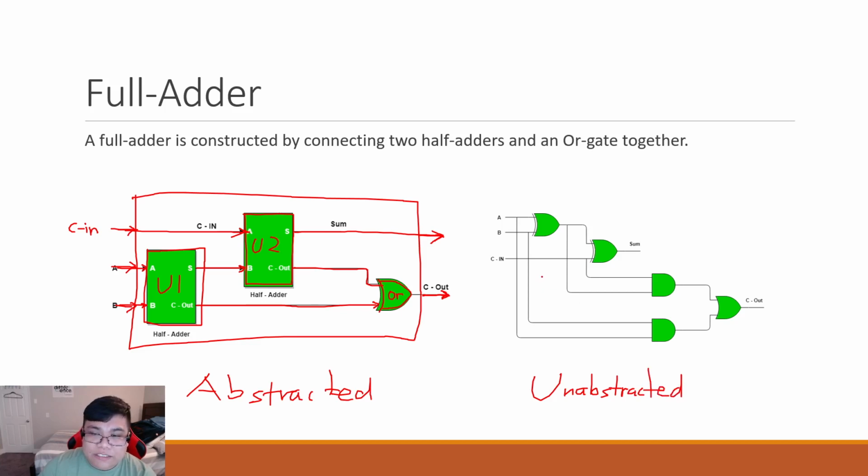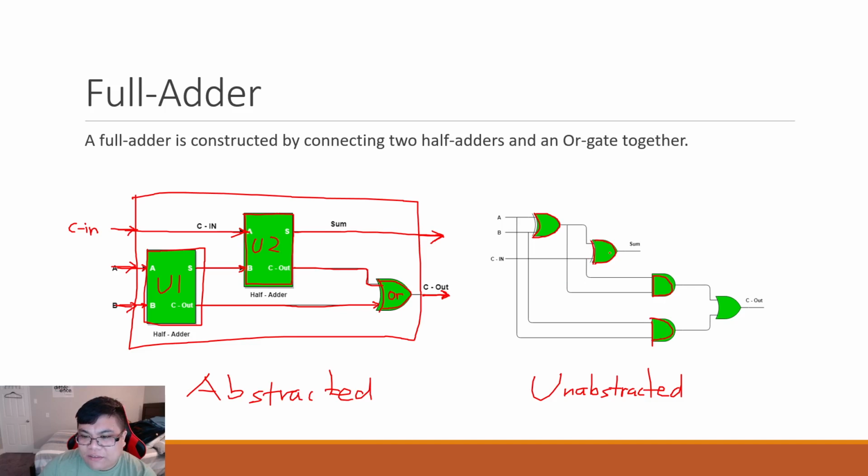So the unabstracted version shows all the underlying circuitry. So what you see here is that this XOR gate belongs to one of the half adders, and this XOR gate belongs to the other half adder. These two AND gates belong to one half adder, and this AND gate belongs to another half adder.